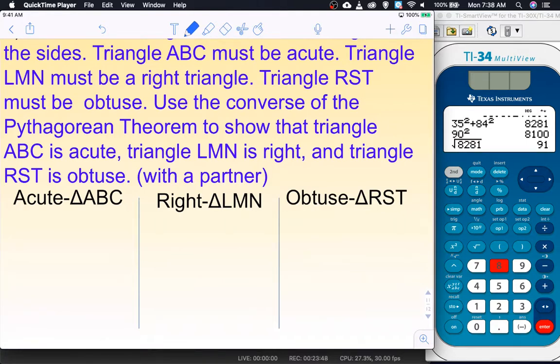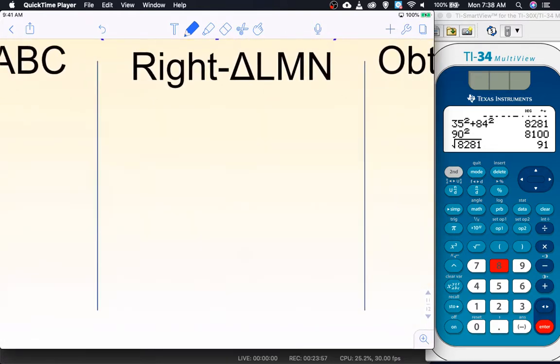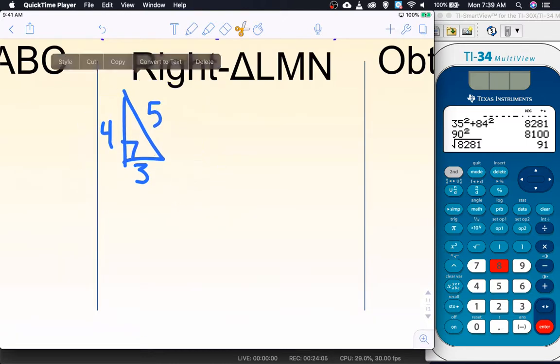All right. If you were paying attention a minute or two ago, the right triangle might be very easy, because I was telling you that a 3, 4, 5 triangle is a guaranteed right triangle.